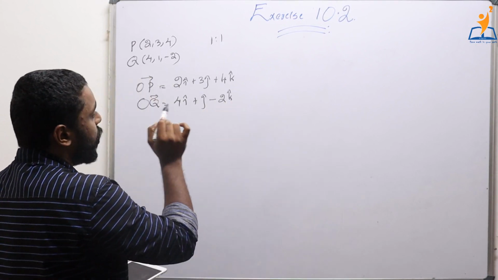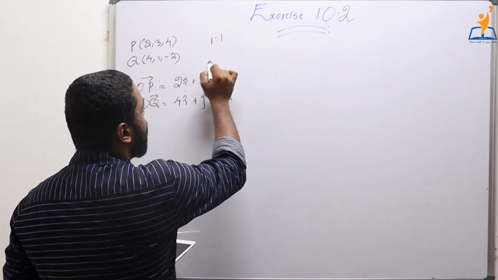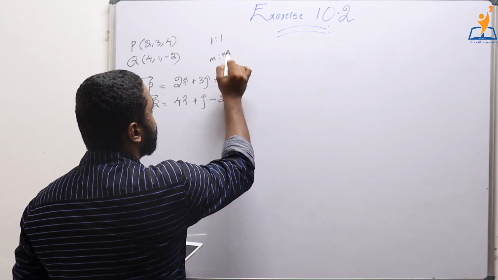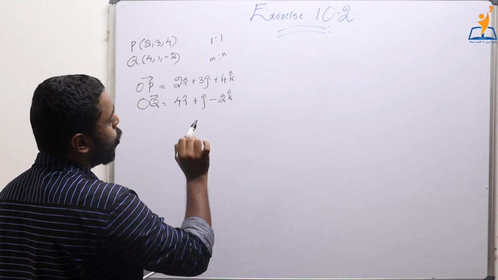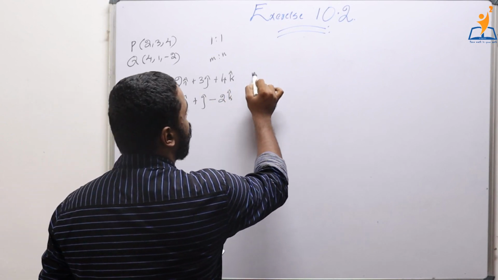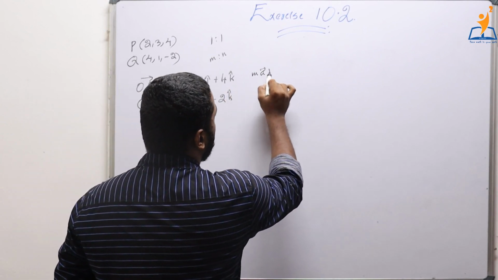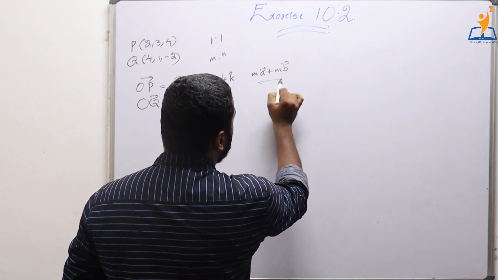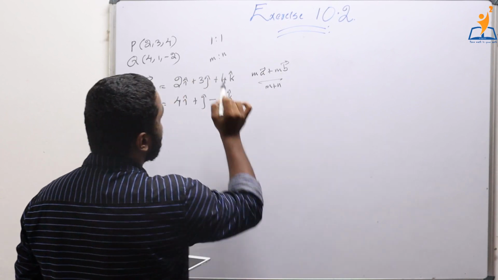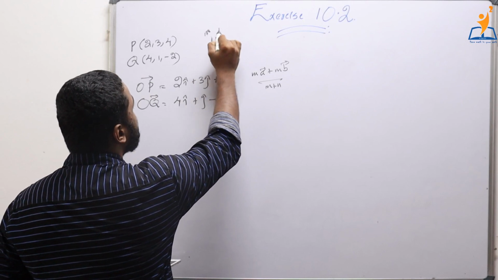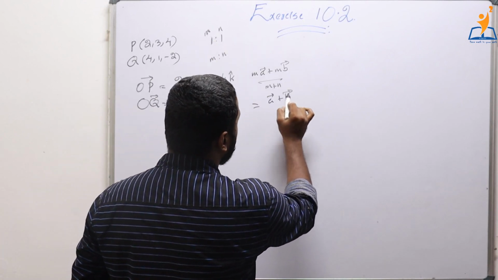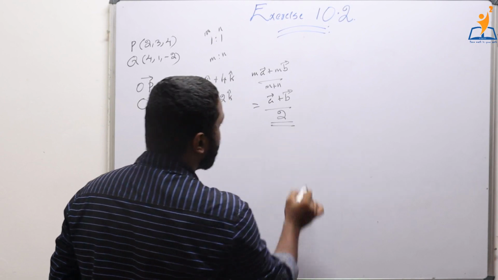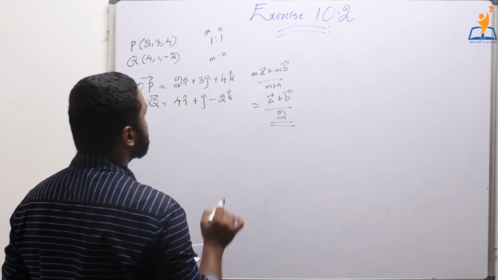Now we know that for two vectors divided internally in the ratio m:n, the position vector of the new point is (mb + na) divided by (m + n). Here m is equal to 1 and n is equal to 1. So it is nothing but (a + b) divided by 2.